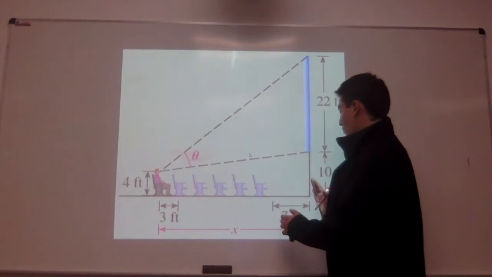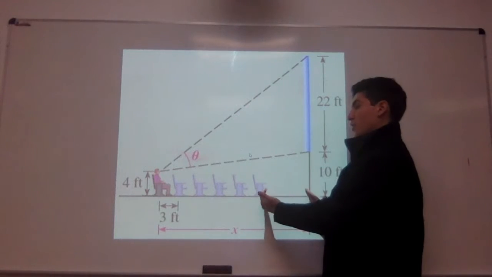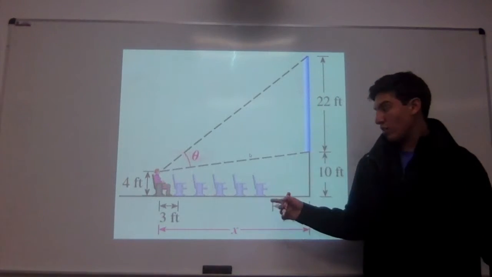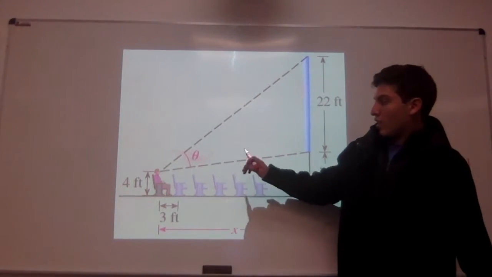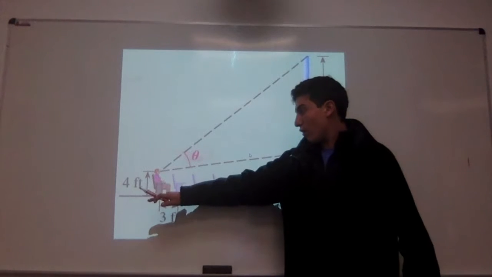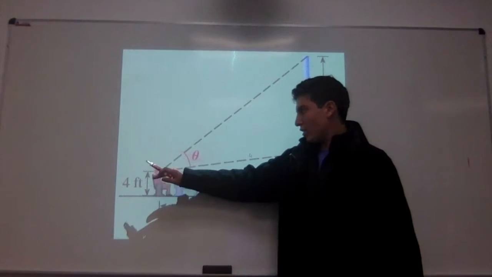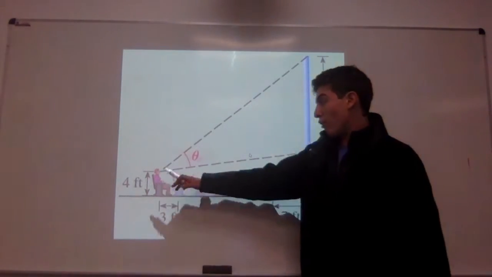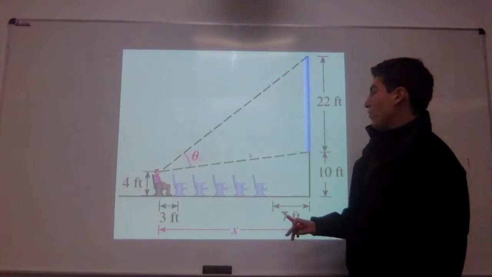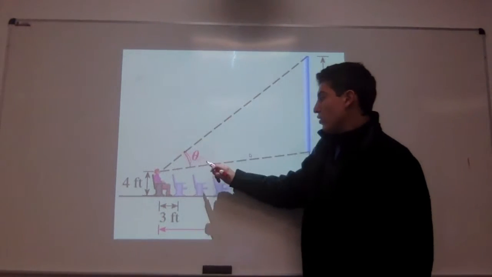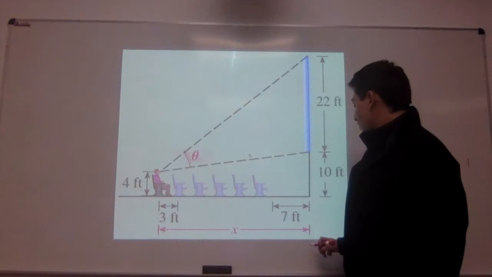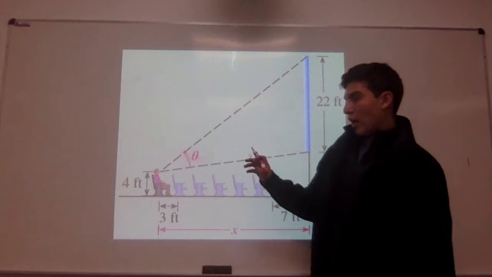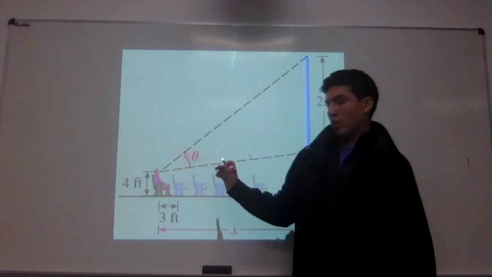The distance from the wall to the first seat is 7 feet, and the distance between the seats is 3 feet, and the distance from the floor to the eyes of the spectator is 4 feet. In that case, we have these two variables: the angle theta and the distance x. x is the distance where the person has the bigger angle theta.